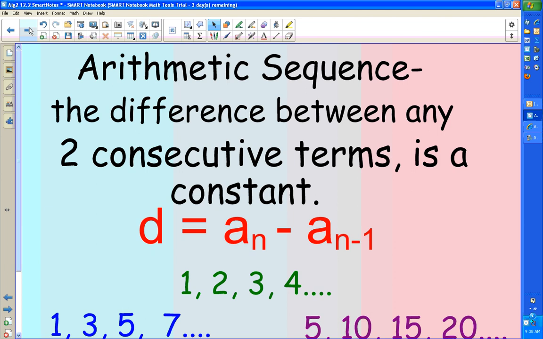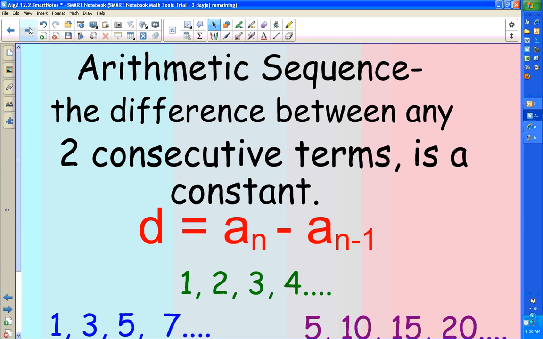So we are starting today, we are talking about this very specific type of sequence called an arithmetic sequence. In an arithmetic sequence, the difference between any two consecutive terms is a constant. The variable we use for the constant is called d.